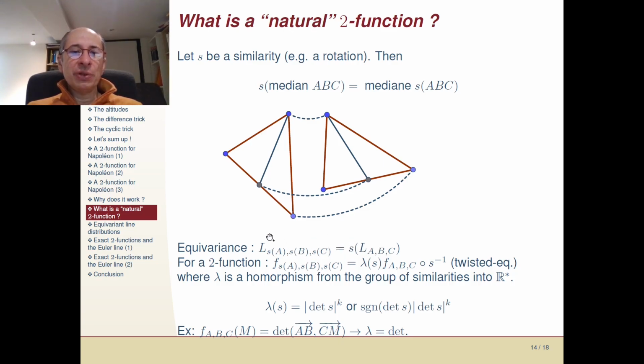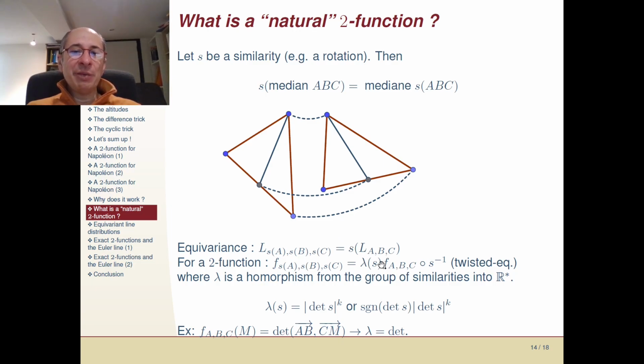But in order for the line corresponding to the function to be equivariant, we do not necessarily need the function itself to be equivariant. We can, of course, ask the function to be equivariant, that is f of SA, SB, SC equals f of ABC composed with the inverse of S, and then we will obtain the equivariance of the line it defines.